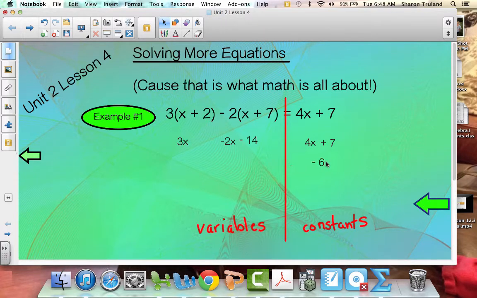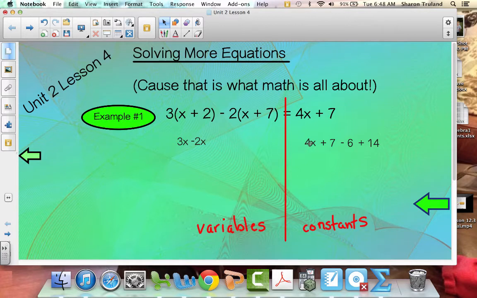It changes to a negative. The -2x, is that a variable? Yes, so it can stay on this side. The -14, is that a variable? No, it's a constant. So once again, it's going to go across the magic line, and when it goes across the magic line, we do its inverse operation, so it changes to +14.